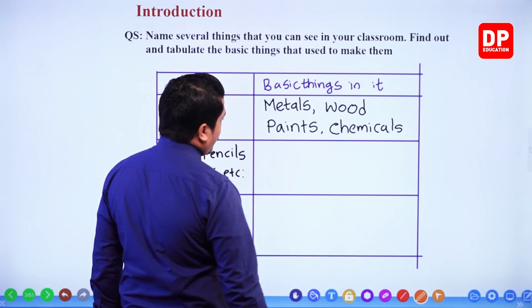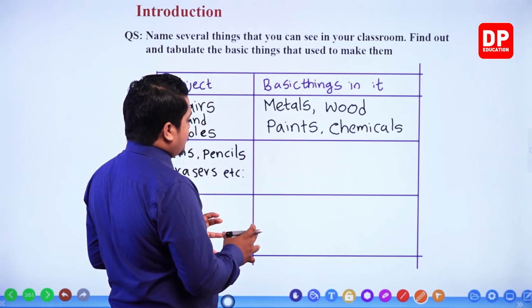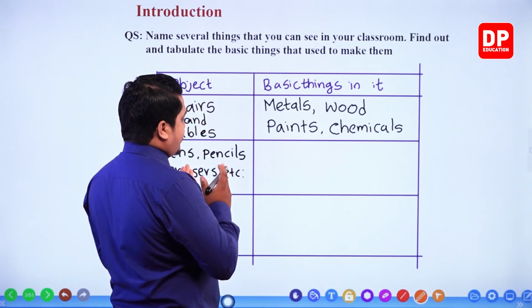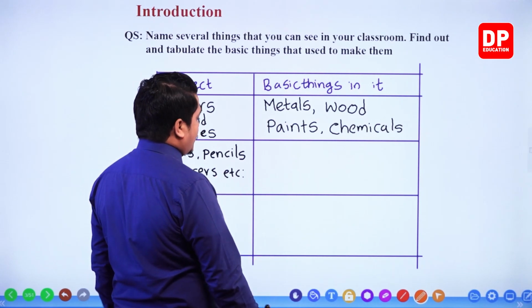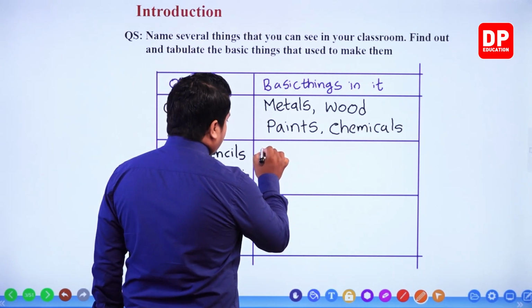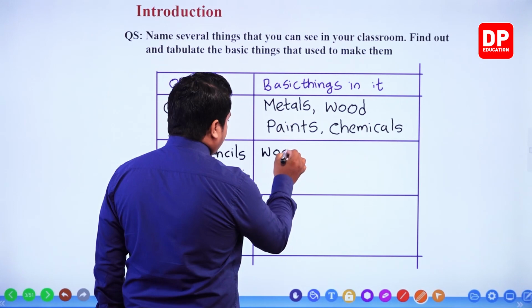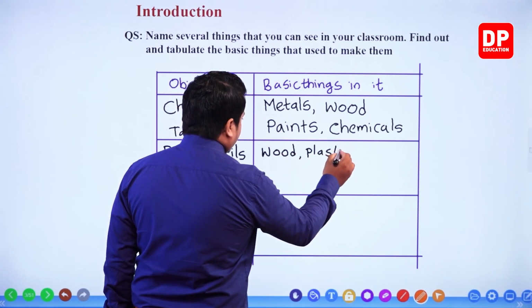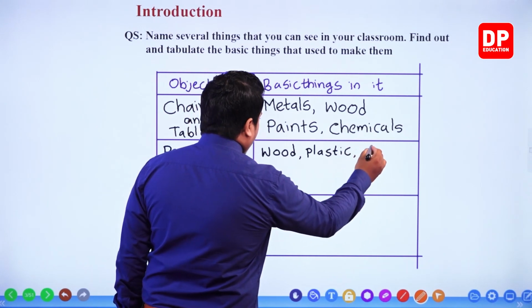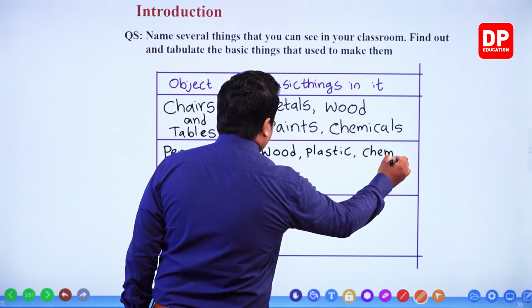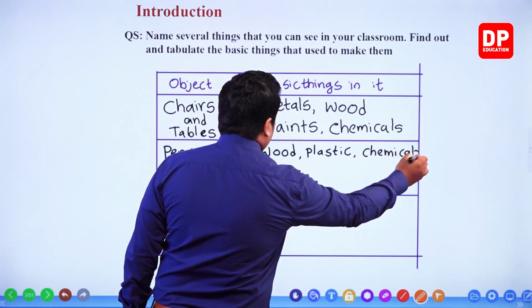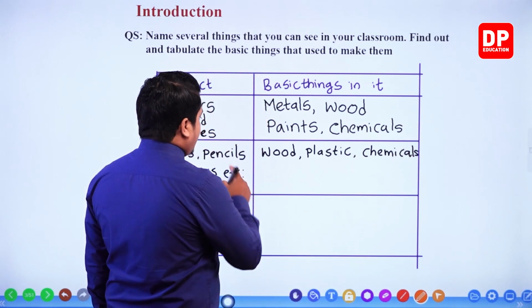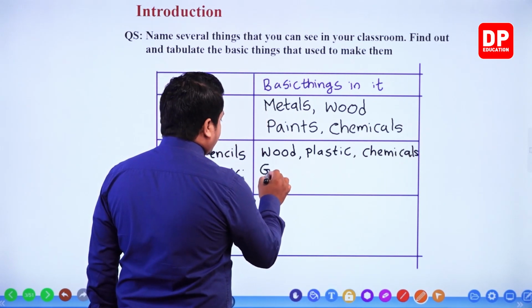So what are the things that we use to create these stationery items like pencils, pens, erasers, and so on? We definitely use wood for pencils, then plastic in pens, then different kinds of chemicals. Then, my dear children, in pencils we use graphite.